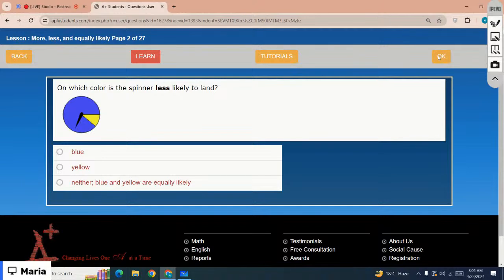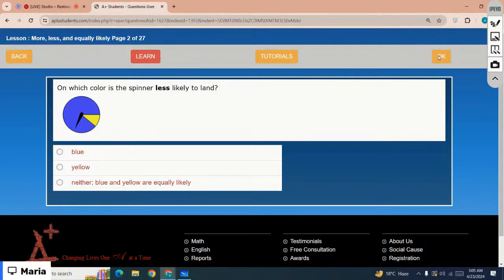On which color is the spinner less likely to land? Which is the correct option? You can see here the spinner has two colors, blue and yellow, right? Most of the portion is blue and a very small portion is yellow, right? So which is the correct option?